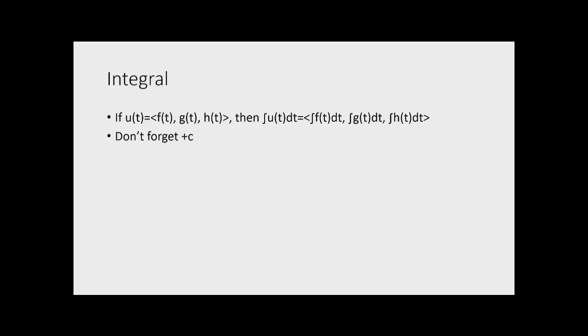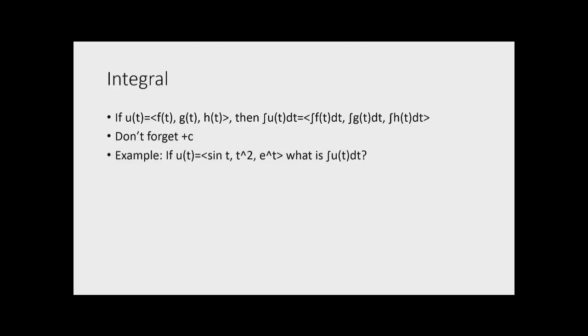For integrals of vector functions, the constant is just any constant vector. And this constant vector accounts for the plus c from taking the integral of f of t, g of t, and h of t. So we do not need a plus c inside the brackets.